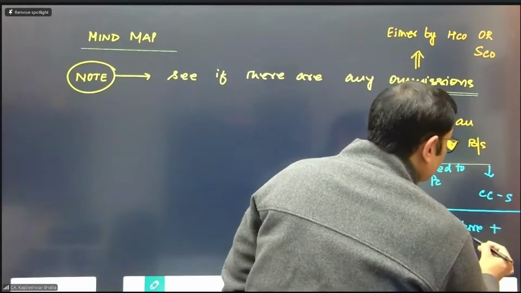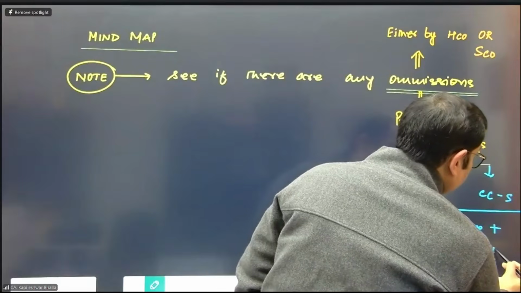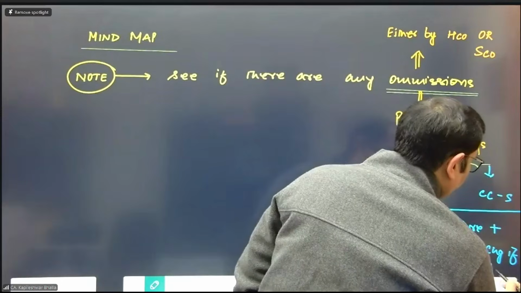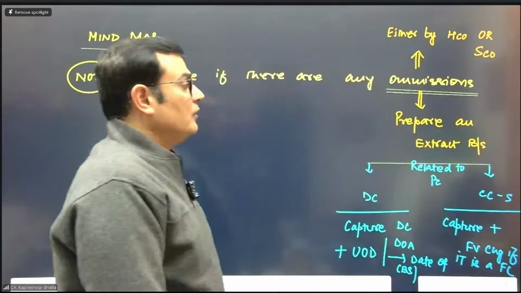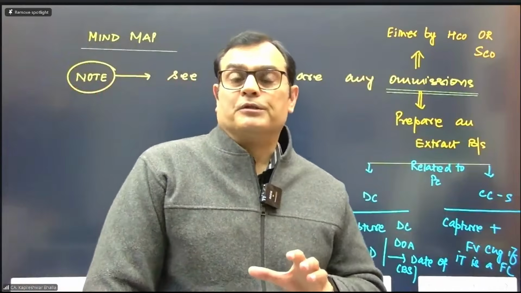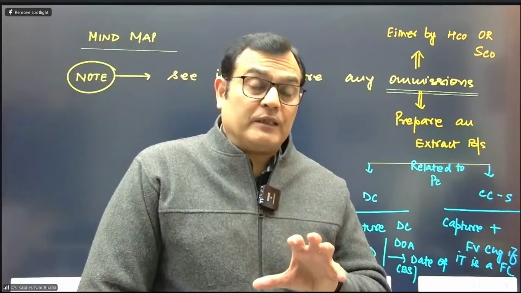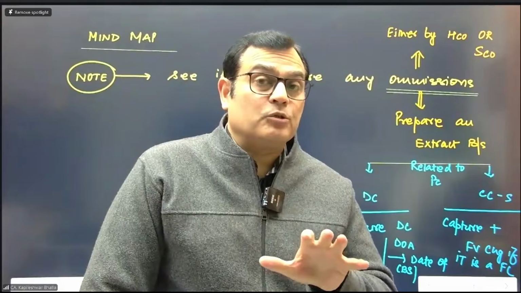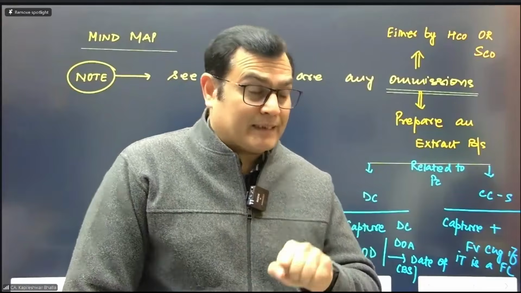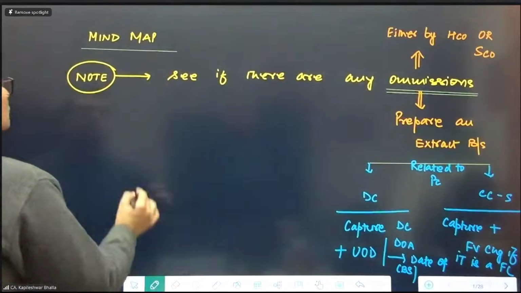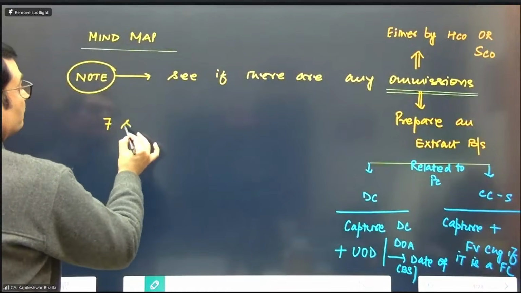And along with this, you will see any fair value changes if it is a financial liability. So this is what should come to your thoughts immediately when you look at omissions. So first take care of any omissions, make the extract balance sheet before you proceed to the 7-step model. Next, with these inputs, then we come on to the 7-step model.